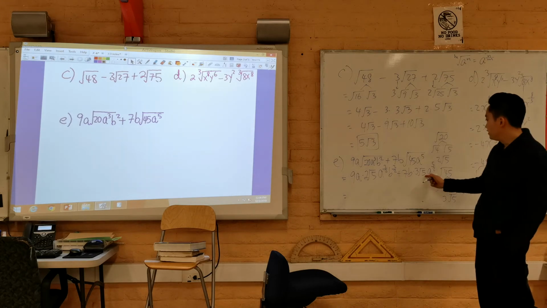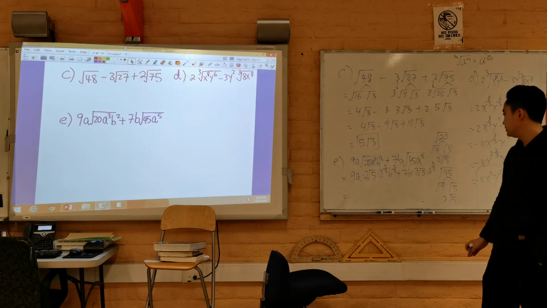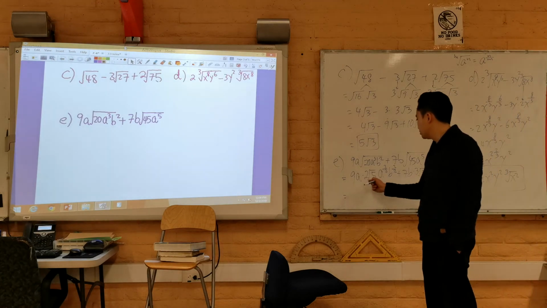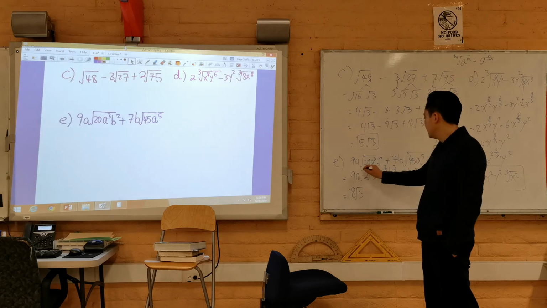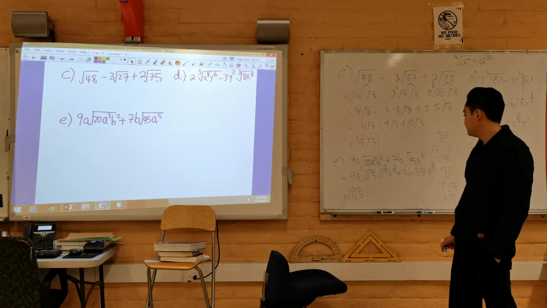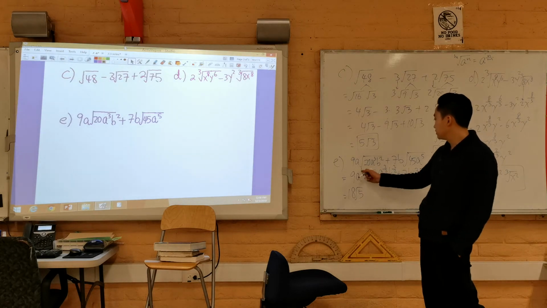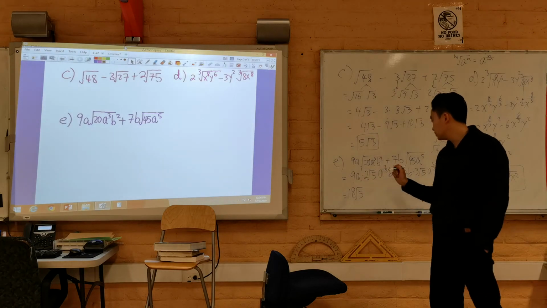So it looks like these two have nothing in common, but let's try to simplify a little bit further and see what happens. So 9 times 2 root 5, we got 18 root 5. This one is a to the first power times a to the 3 and a half, so 2 over 2 plus 3 over 2.